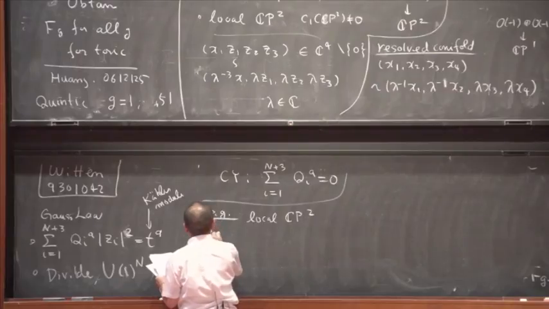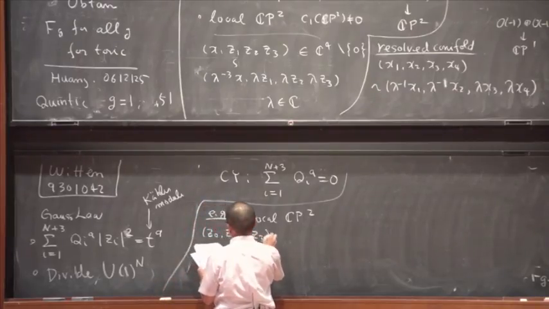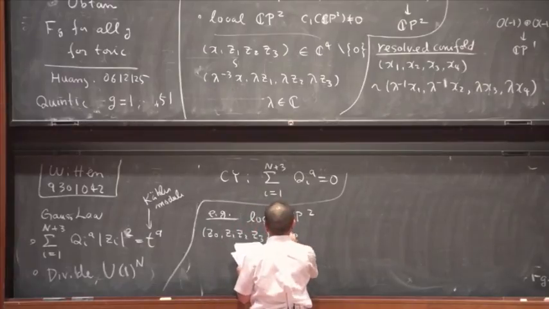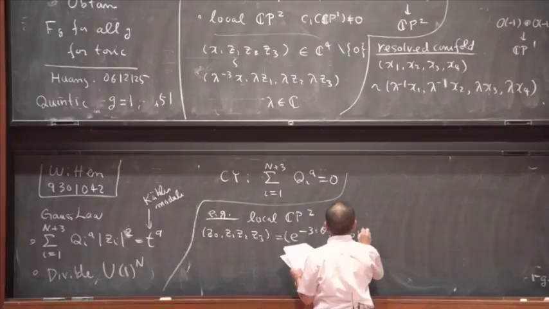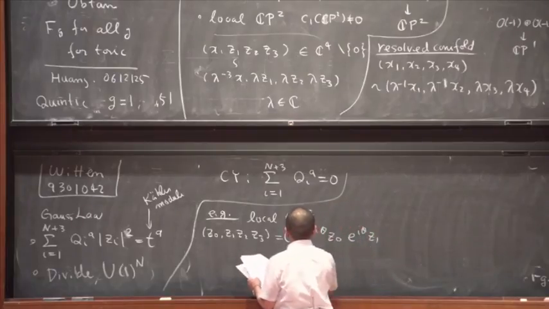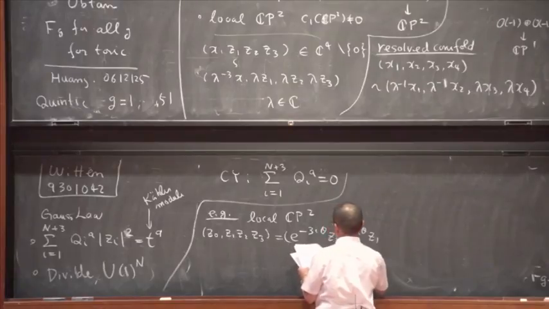So in this case, you have Z0, Z1, Z2, Z3 with symmetry e to the minus 3 i theta Z0, e to the i theta Z1, e to the i theta Z2, e to the i theta Z3.